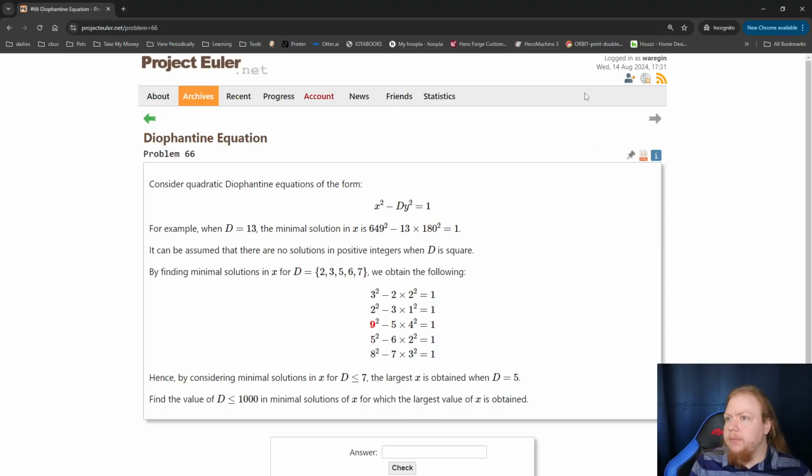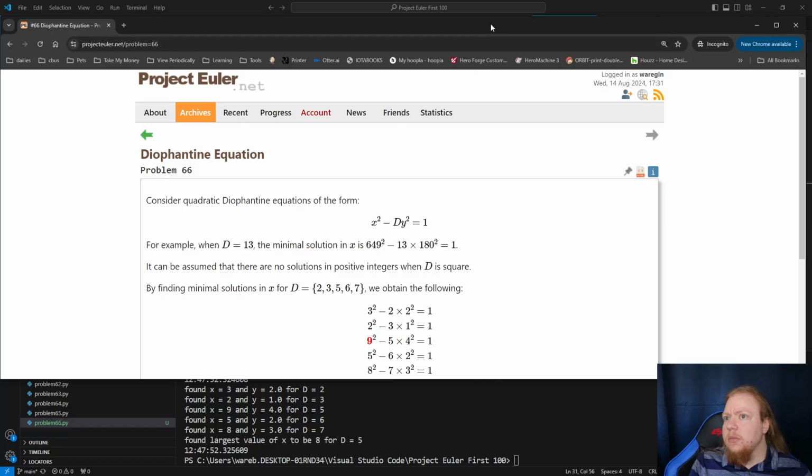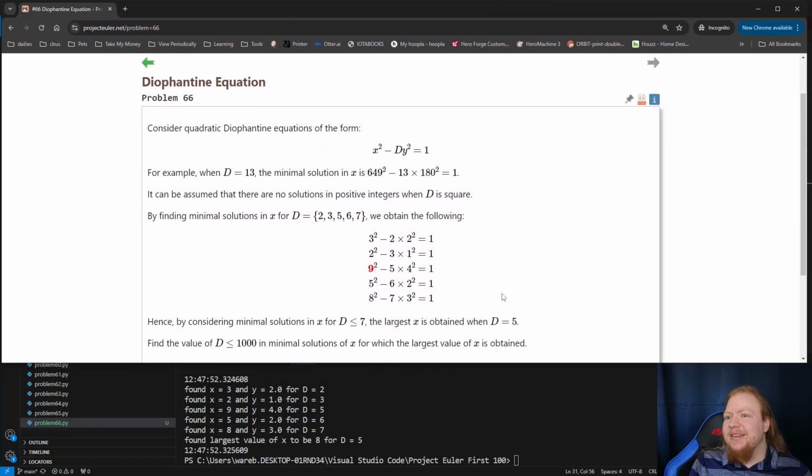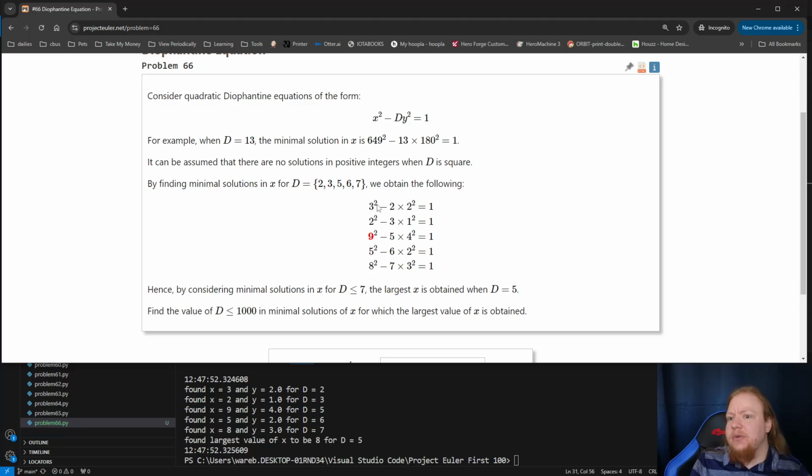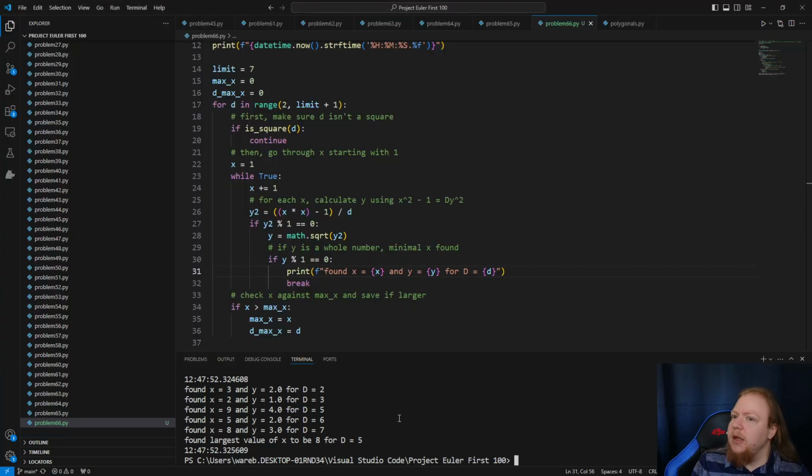Okay, hold up. So, d equals 2, 3, and 2. d equals 3, 2, and 1. d equals 5, 9, and 4. d equals 6, 5, and 2. d equals 7, 8, and 3. Found the largest value of x to be 8.